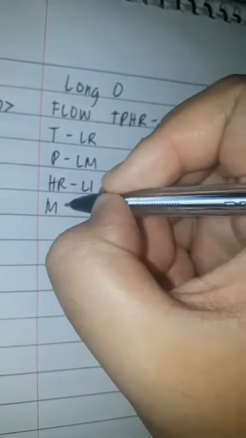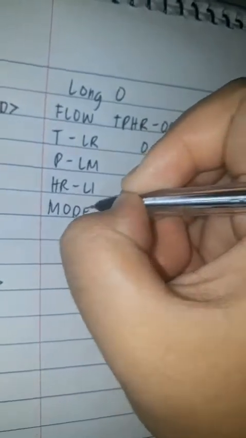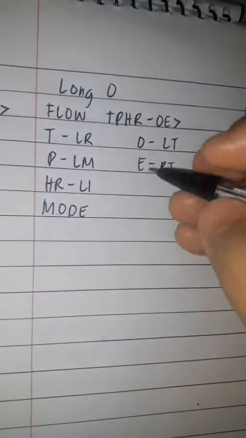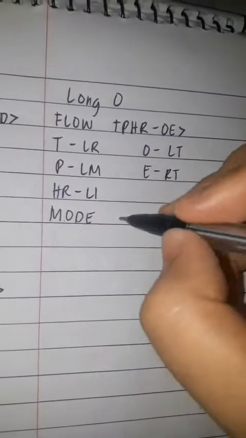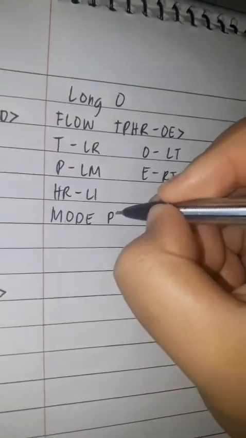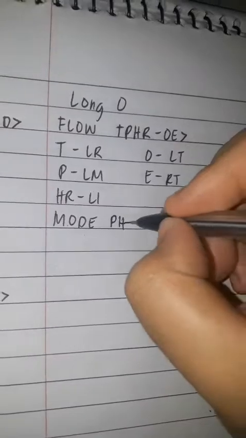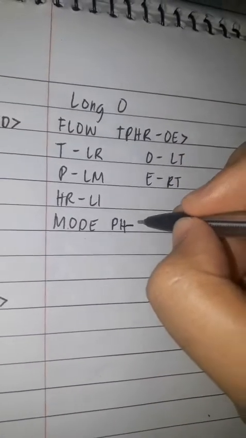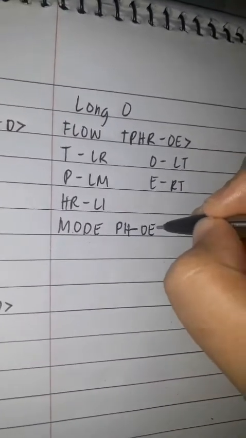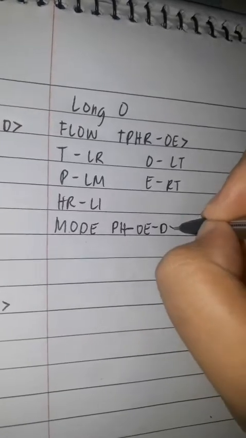So another example for long vowel O, we have mode. So we have initial letters PH, vowel OE, ending letter D, then release.